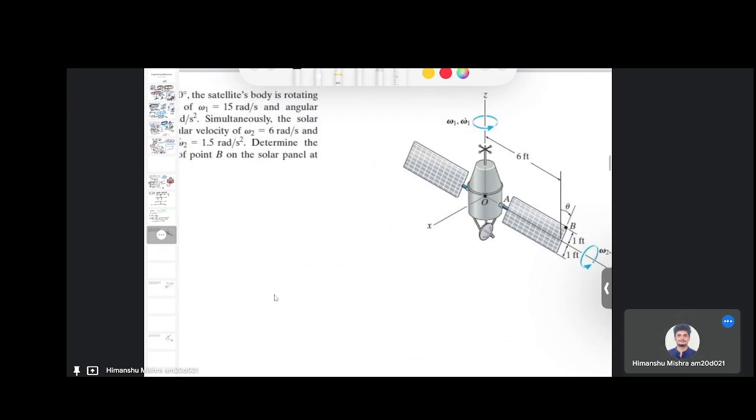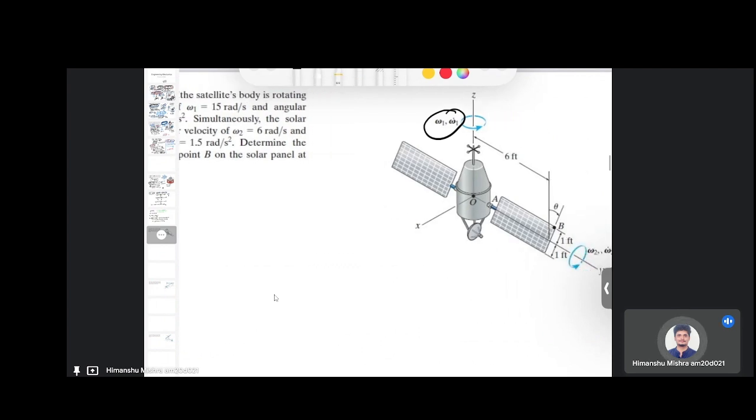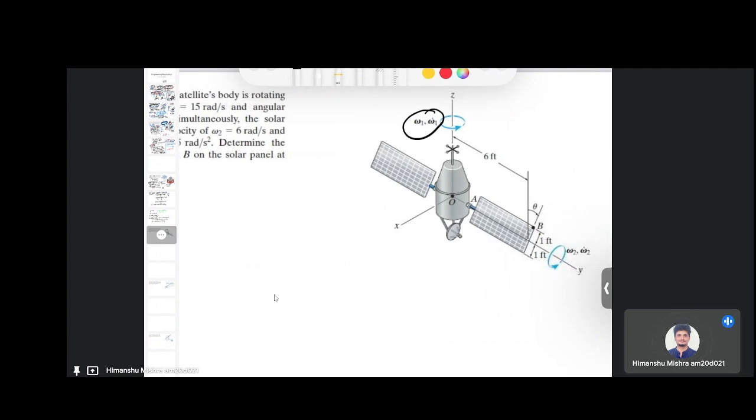It has been given that the satellite is moving with angular velocity omega 1 and there is a solar panel which is rotating with angular velocity omega 2. So the rotation of the solar panel is given by omega 2, but this is not the resultant rotation of the solar panel.